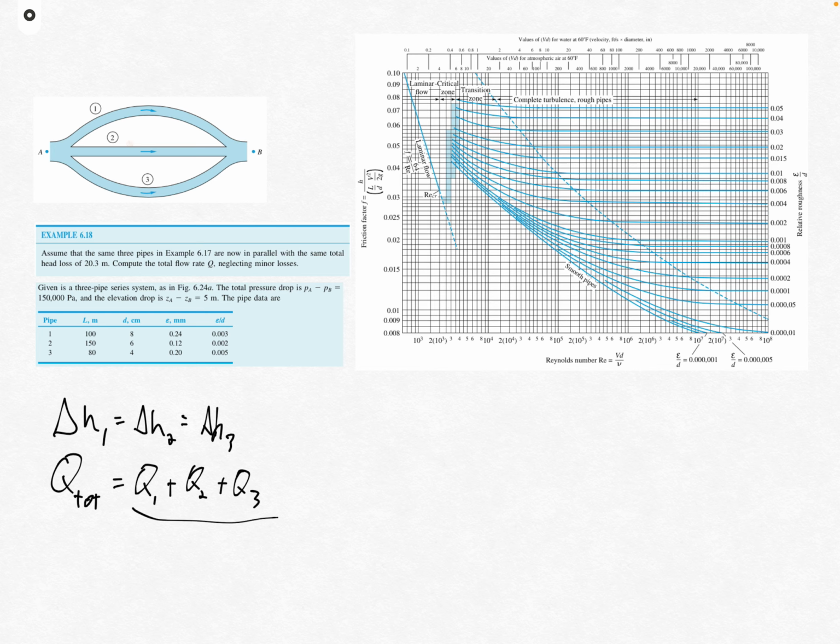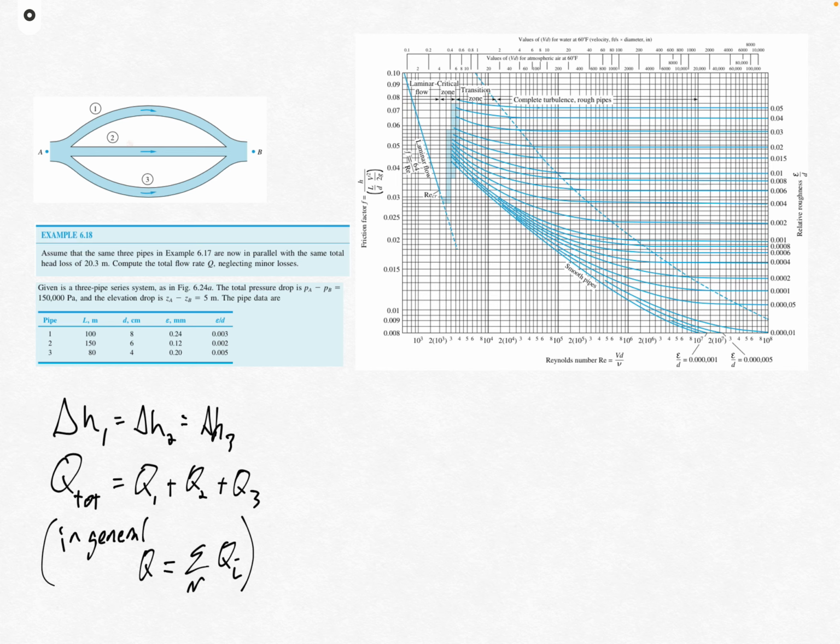If we had, in general, n pipes, Q would be the sum of all of the flow rates that start and end from those same points. In this case, we just have three, so Q total is Q1 plus Q2 plus Q3.